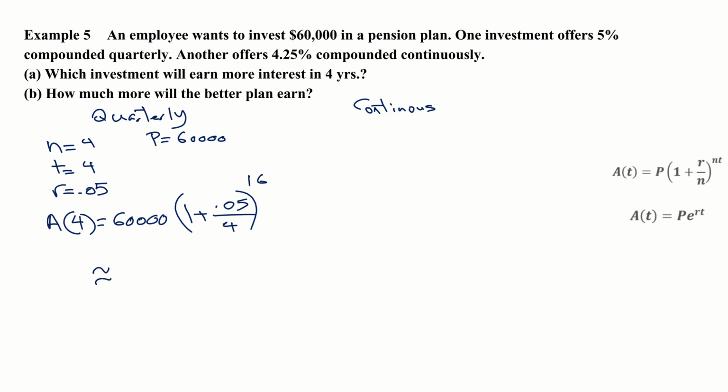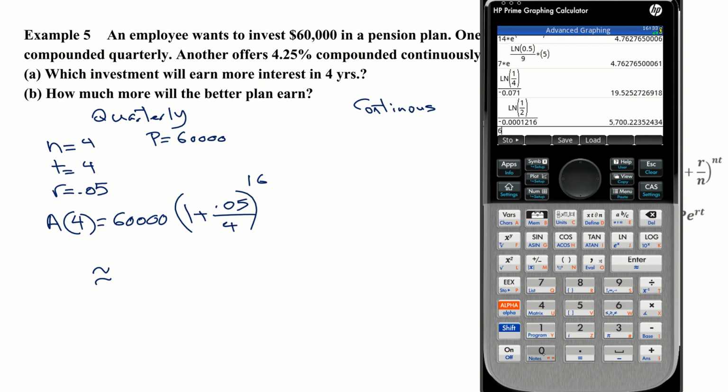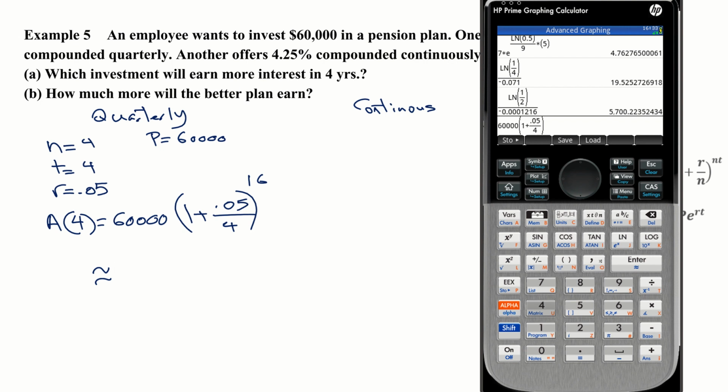So let's go ahead and calculate that. Okay, so we have 60,000 times 1 plus 0.05 over 4. We exit the parentheses now, and we raise the parentheses to the power of 16. Okay, and then we hit enter. So just double check: 60,000, 1.05 over 4, to the 16.